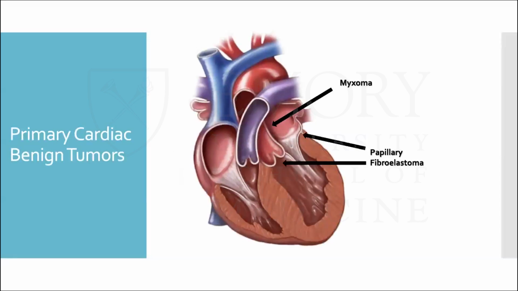You also have papillary fibroblastoma. So these are the two most common benign tumors, with myxoma being the most common and papillary fibroblastoma the second most common. And papillary fibroblastomas have a predilection to the valves, left side greater than right side. And the other common adult benign tumors would be fibromas and lipomas, which have a predilection to the ventricular walls.